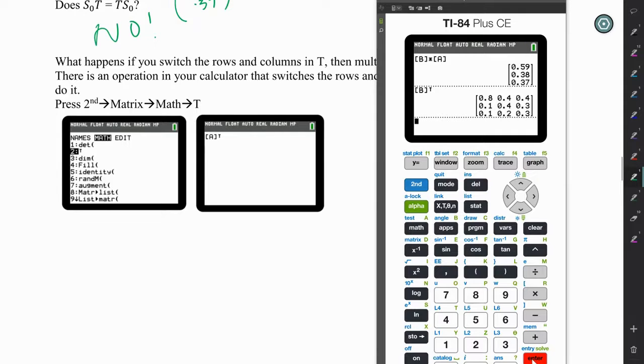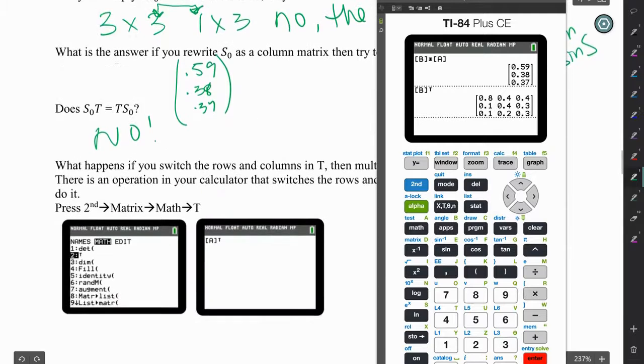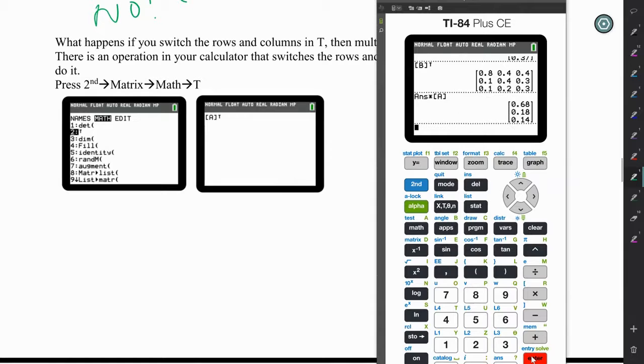If you compare that to the original matrix, you'll see that my first column, 0.8, 0.4, 0.4, is now my first row, 0.8, 0.4, 0.4, and everything else also switched. Now I can take that transpose matrix and multiply it by my matrix A. When I do that, I get the right answers again.